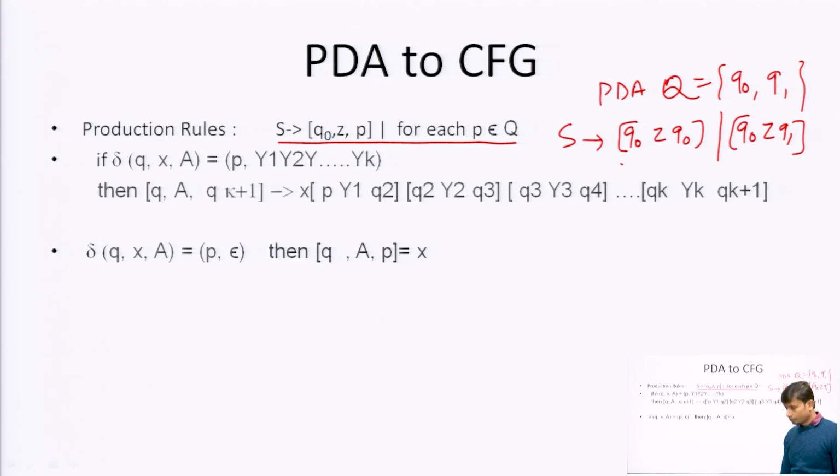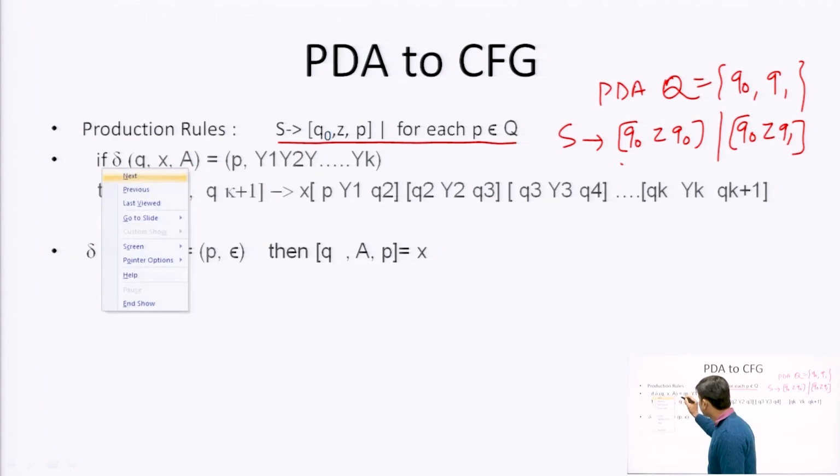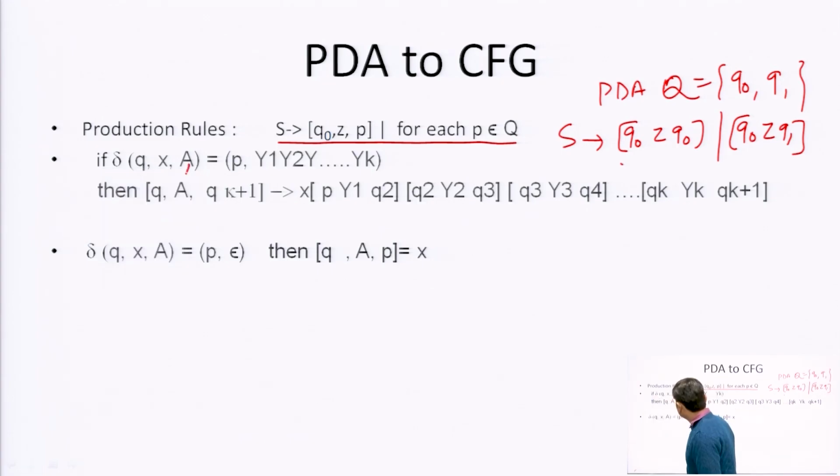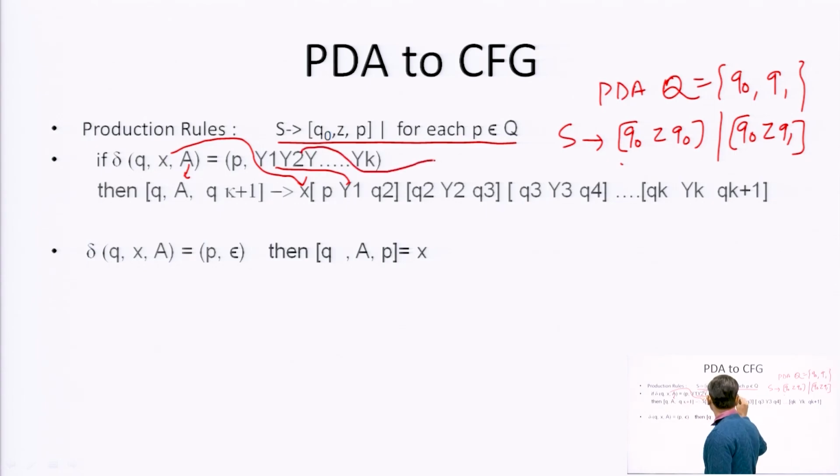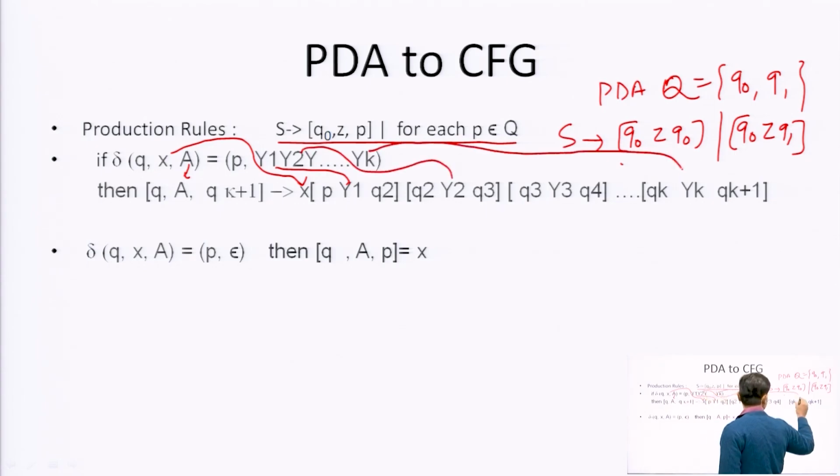So what do you have to do with this? Then the rule is [Q, A, Q_{k+1}] derives. This is a variable, this Q, A, you see here, this is A, and this is X, and here this is Y1 and this is Y2, like that up to Yk.